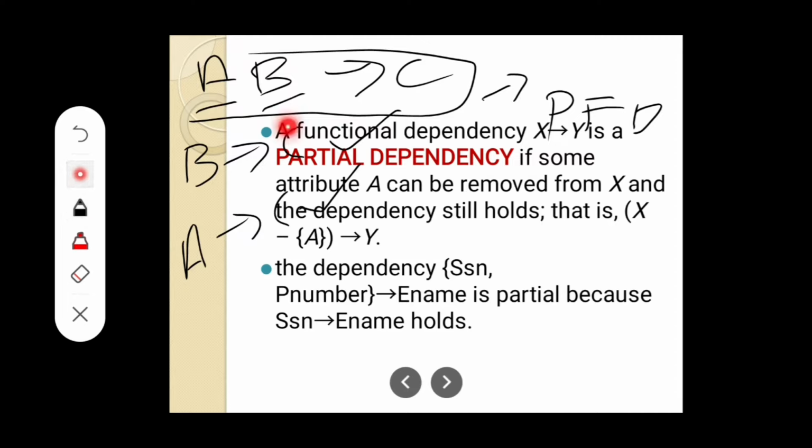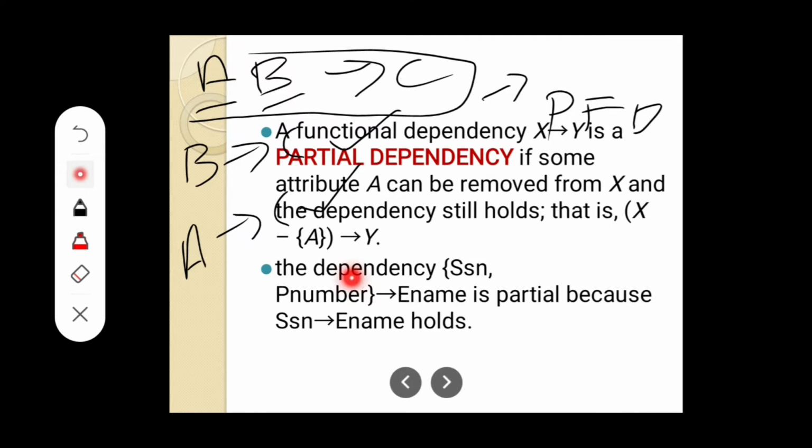Clear? A functional dependency X determines Y is a partial dependency if some attribute A can be removed from X and the dependency is still holding. That is, X minus A determines Y is true, then X determines Y is a partial functional dependency.